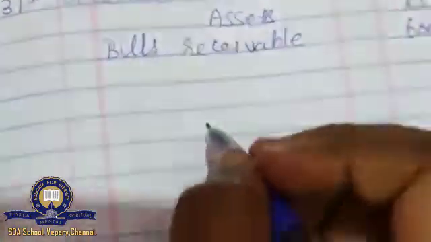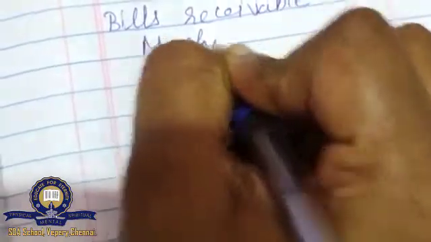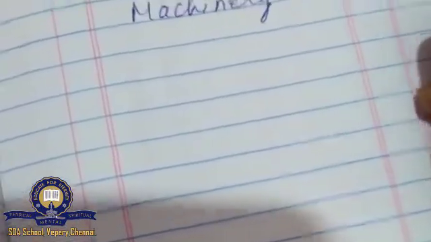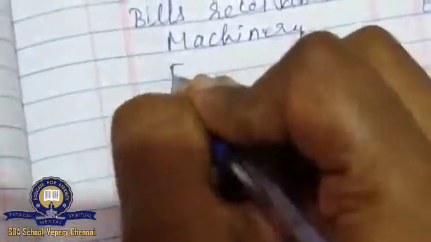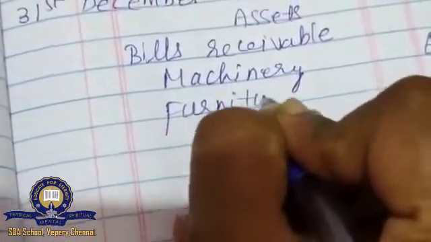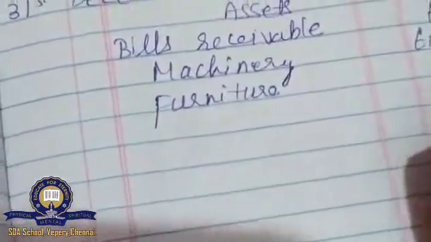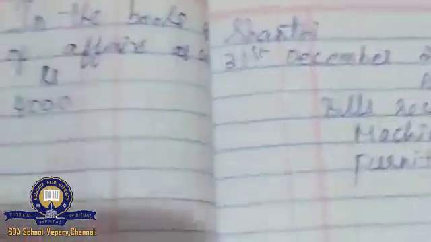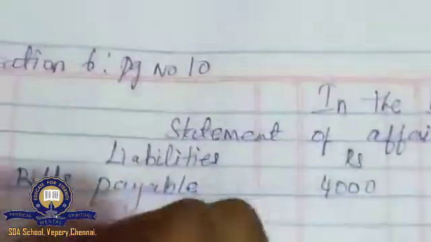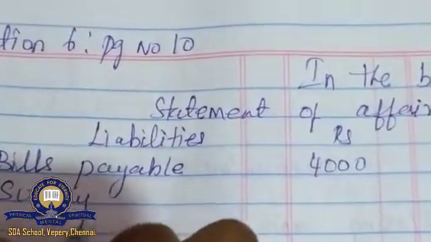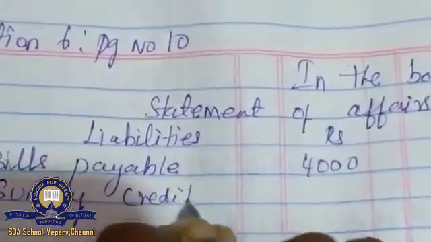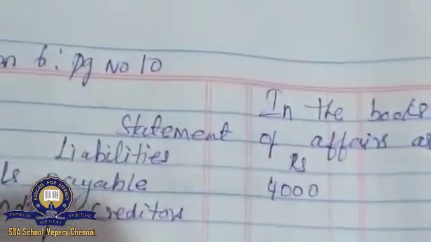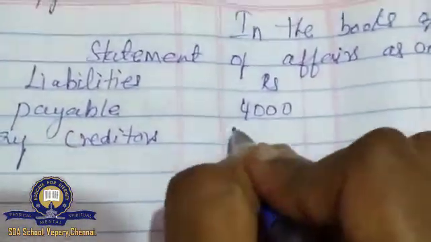Machinery is on the asset side: machinery 60,000. Then furniture also comes under the asset side: furniture is 10,000. Then sundry creditors will come under the liability side: sundry creditors is 25,000.